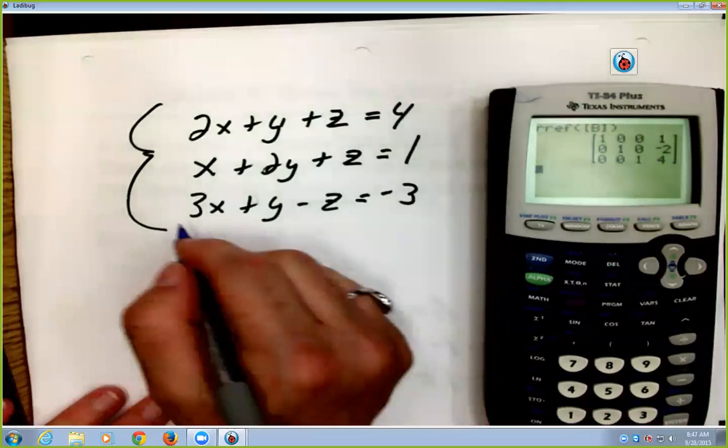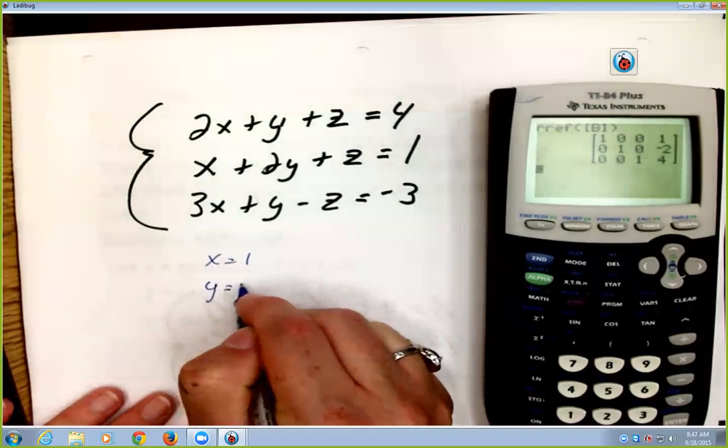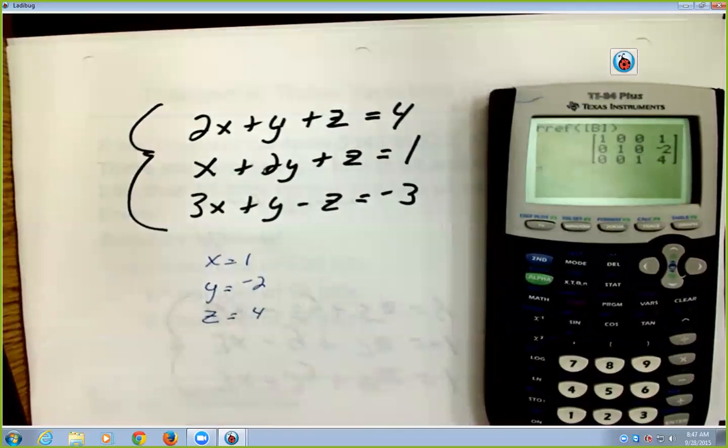You should have x equals 1, y equals negative 2, and z equals 4. So that should be your solution to this one. Okay? All right.